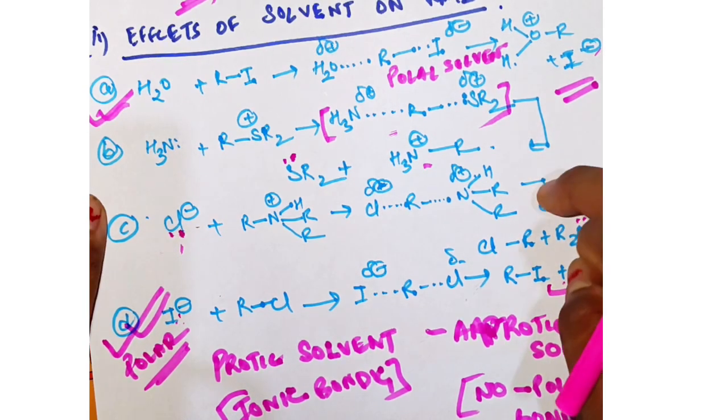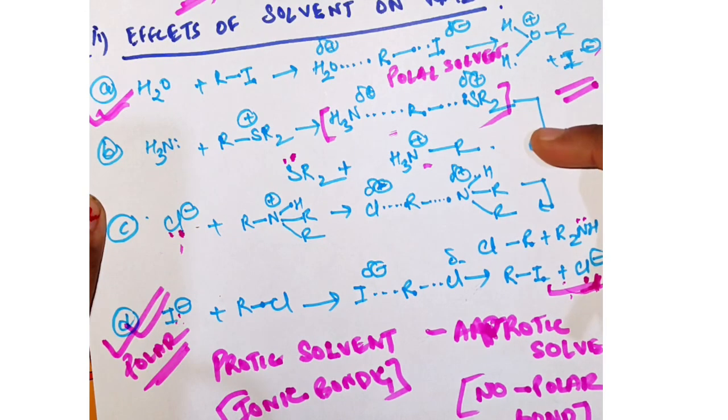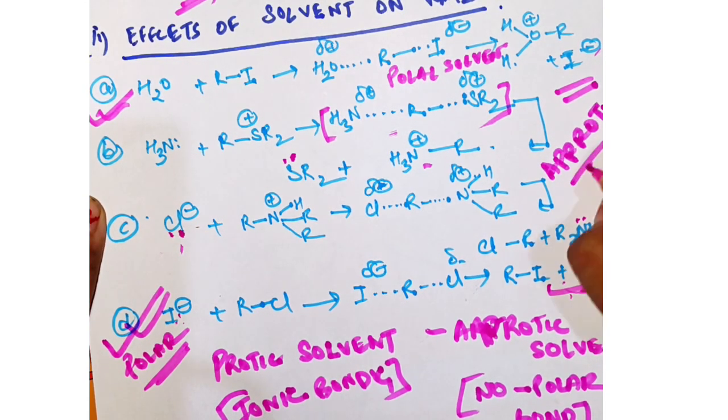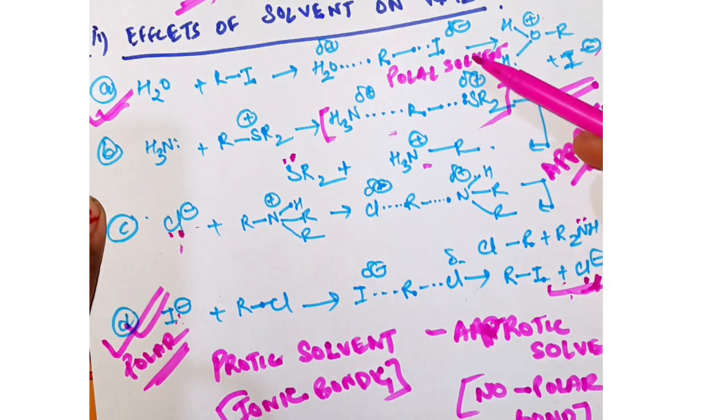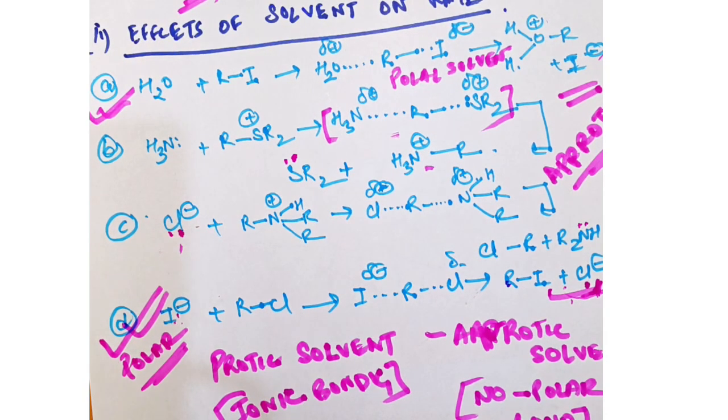For those two, if it is an aprotic solvent, the rate of reaction will increase, and for the first and the last, a protic solvent will increase the rate of the reaction. So remember this is very different from the SN1 reaction, and you should note it down. I haven't seen any video which has covered the SN2 reaction in so much detail.